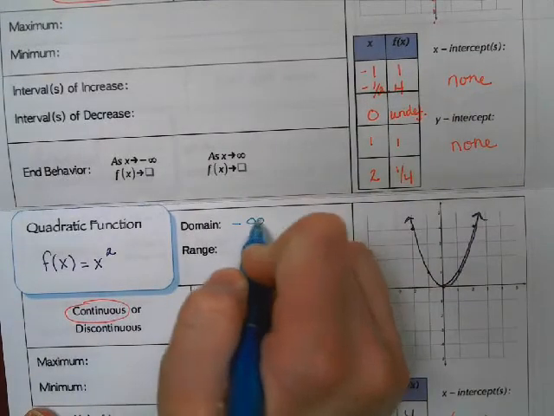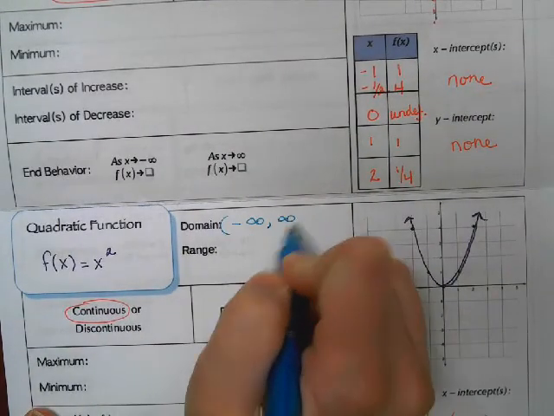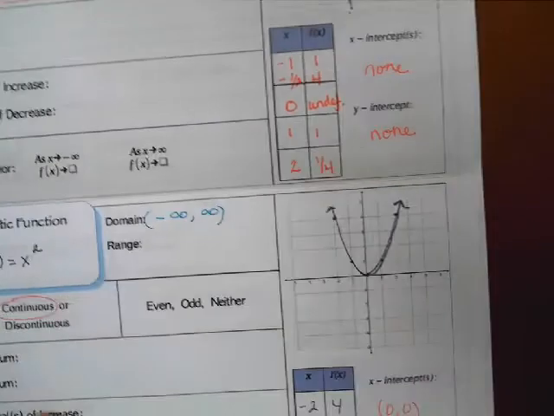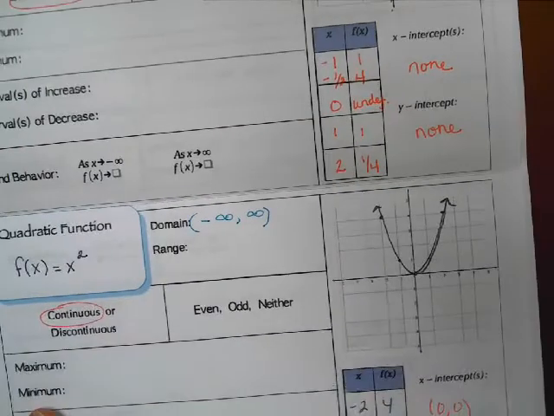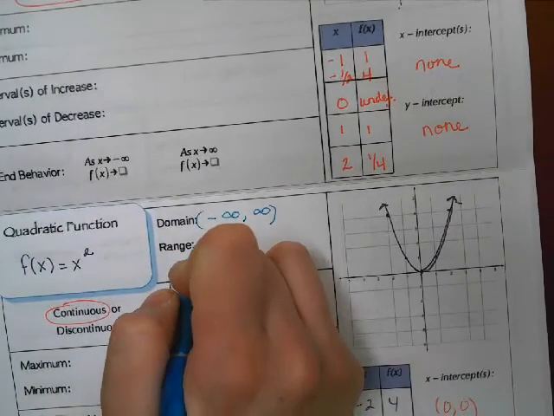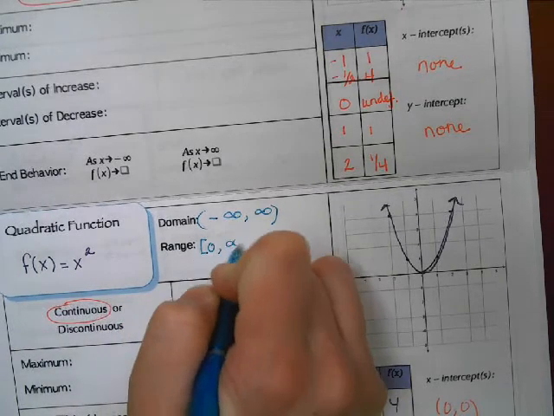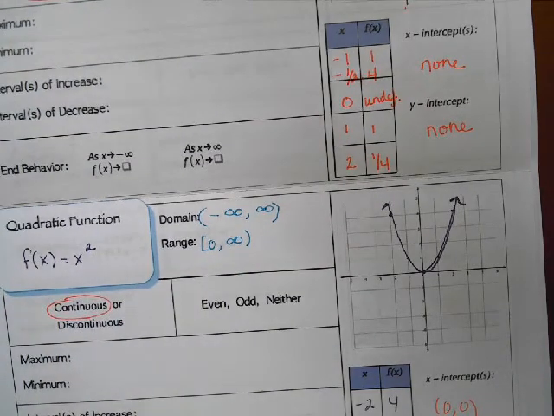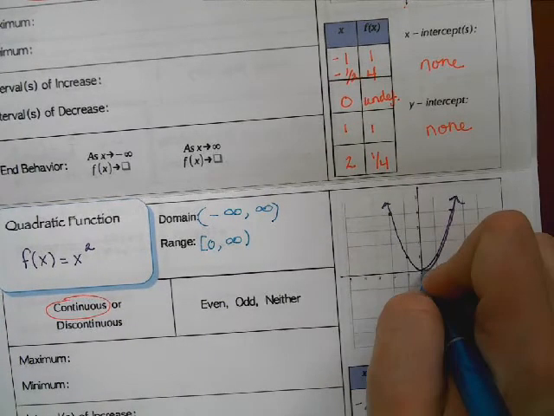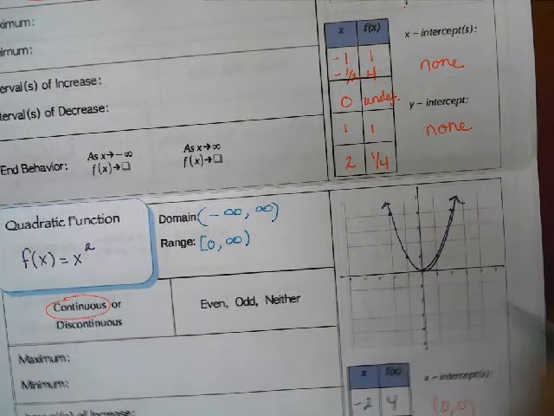For this one, domain, and the range, you'll notice, will be 0 to positive infinity. Right? So notice this is the smallest value this will have.